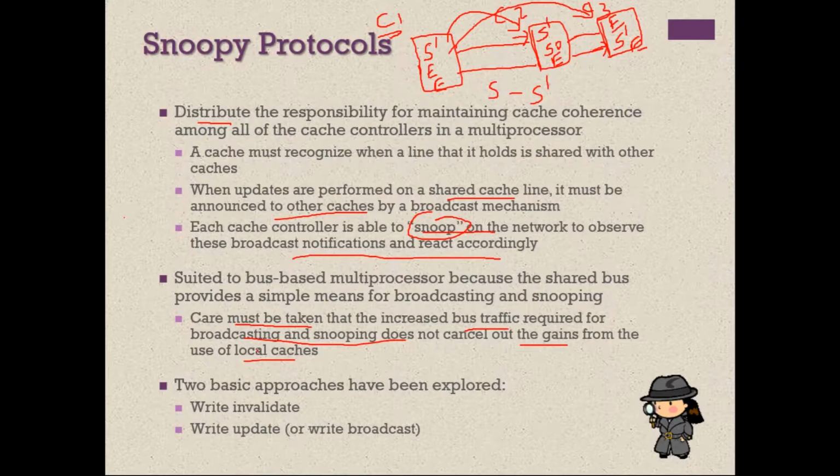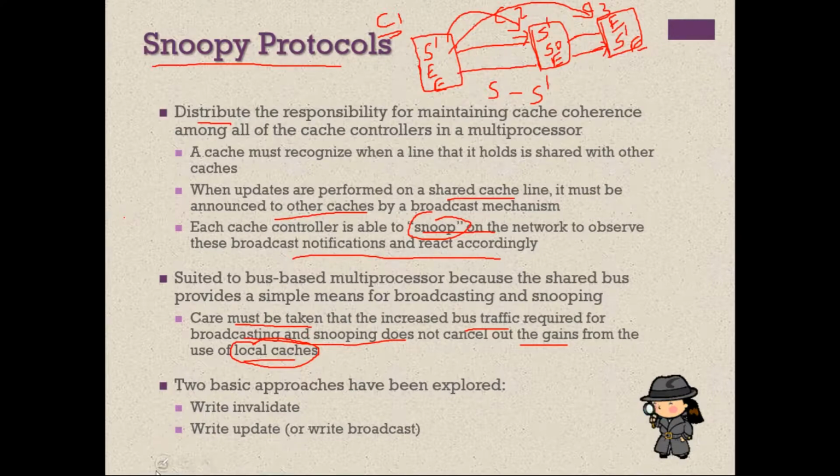We are going for cache memory because we want to reduce the system bus access. But now if you use Snoopy protocol, again you have to use system bus access. So you should ensure that we are not using the system bus to such an extent that it cancels out the gains attained by introducing the caches. So that care must be taken.